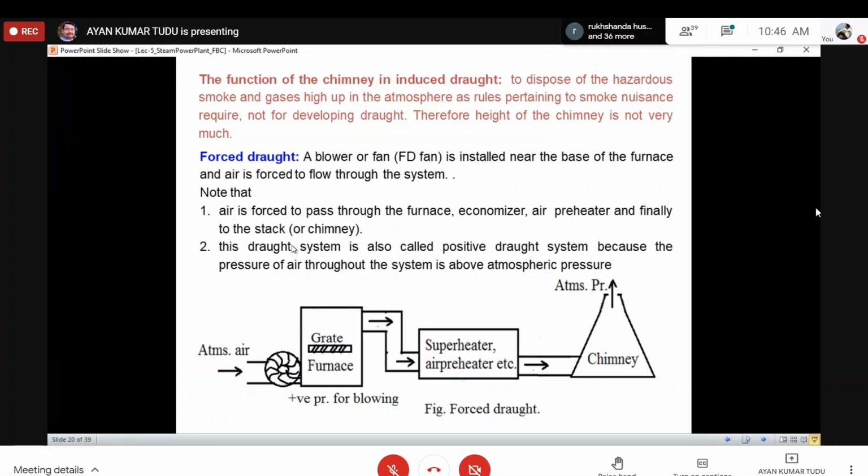So here, as you can see, air is forced through the system which is just above the atmospheric pressure. Air is forced to pass to the furnace, economizer, air preheater, and finally to the stack of the chimney.